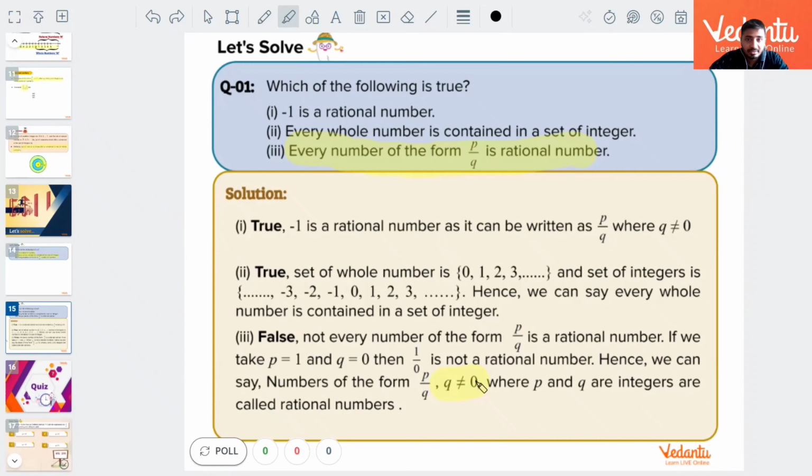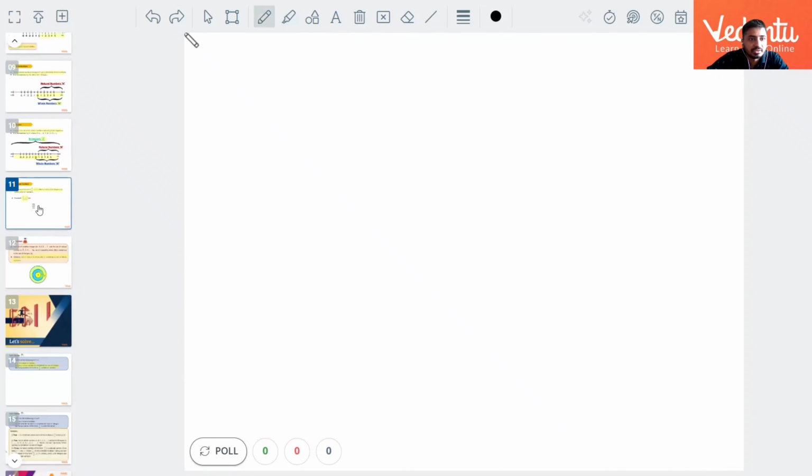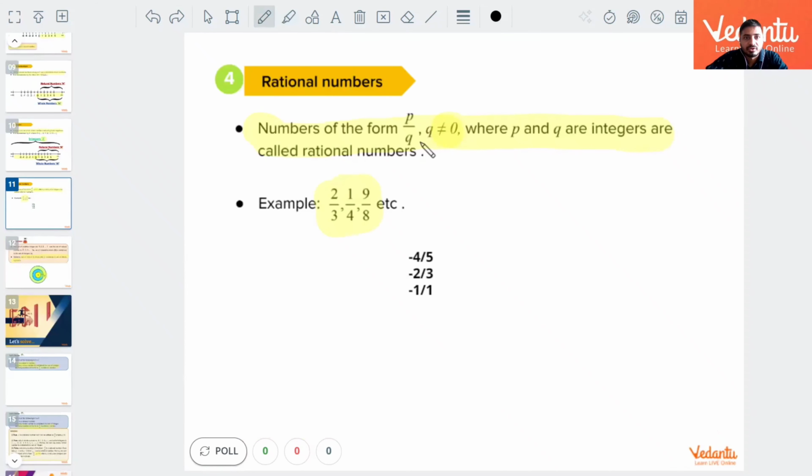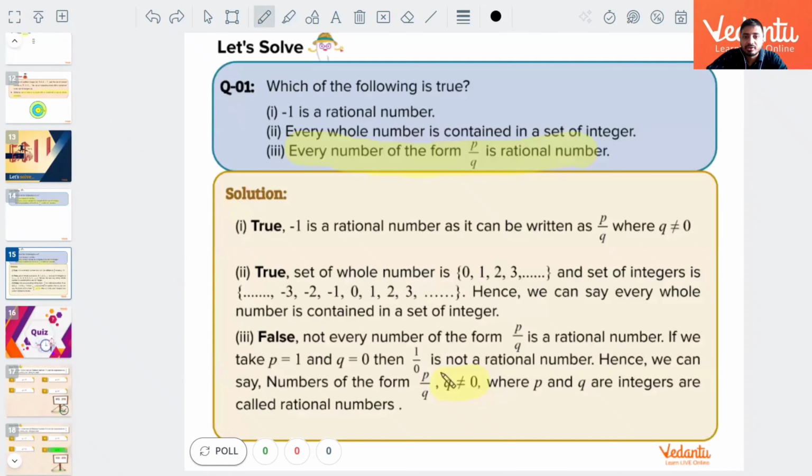Sir, why is p by q not a rational number? See, what is the definition of rational numbers? Here's the definition. What is the condition? q must not be equal to 0. So by using this definition, the denominator must not be equal to 0.